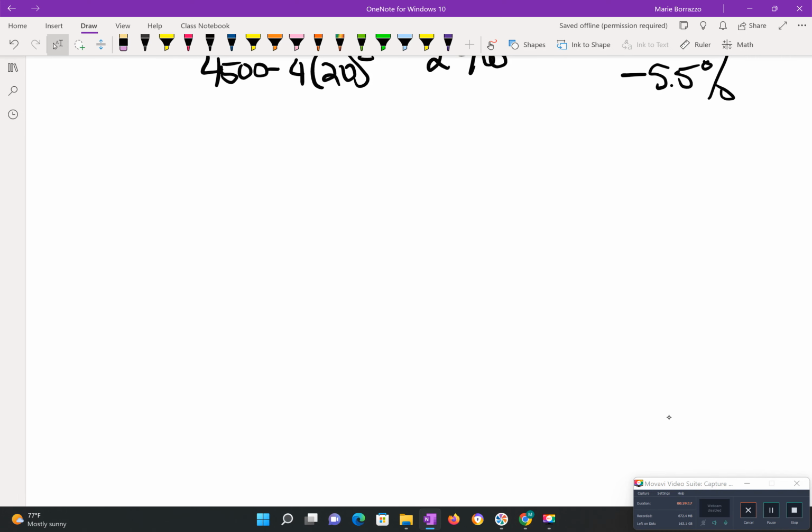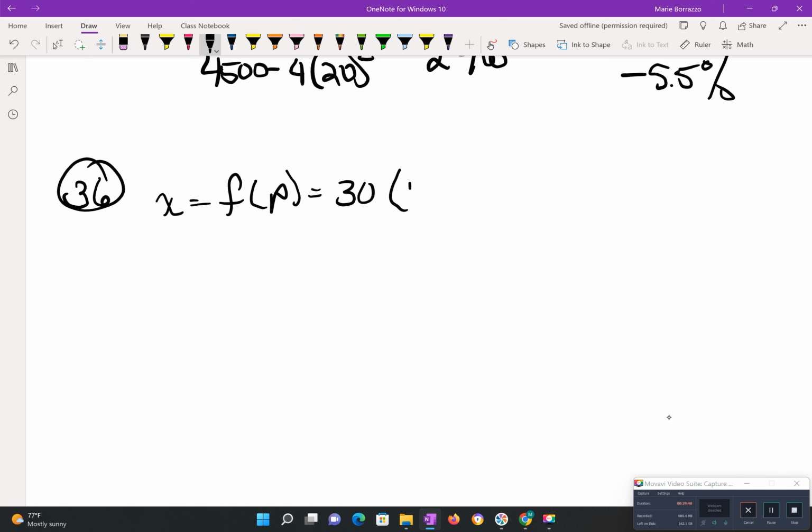All right, here's number 36. Use the demand equation to find the revenue function. So they're giving us x is equal to f of p, and that is 30 times (15 minus p). So we have 450 minus 30p.